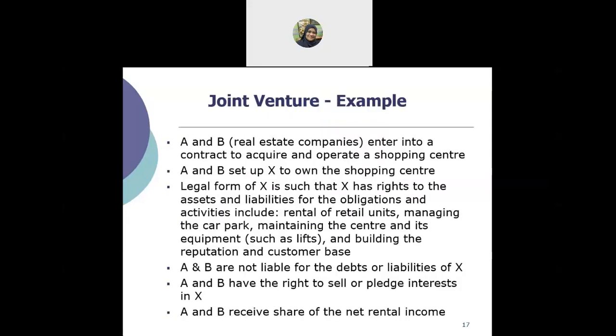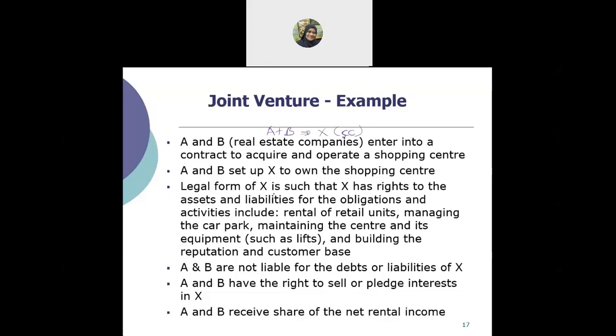So we try to look at this example. A and B, real estate companies, enter into a contract to acquire and operate a shopping center. A and B join together and come out with X. X is a shopping complex, and X owns a shopping center.